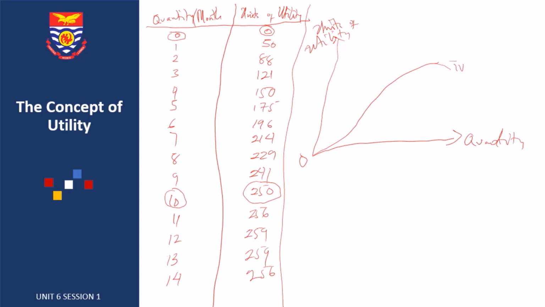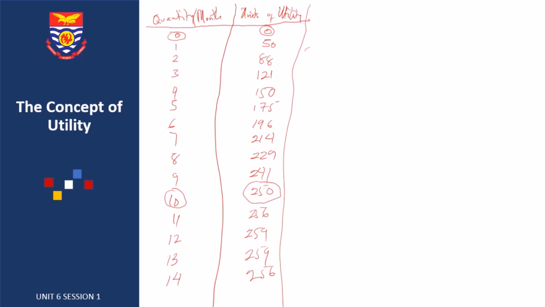We can use this same table to find marginal utility. Let me clean the graph, then add a marginal utility column to the table. In short, you can say MU, marginal utility.